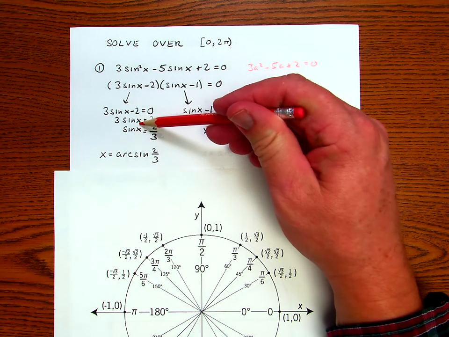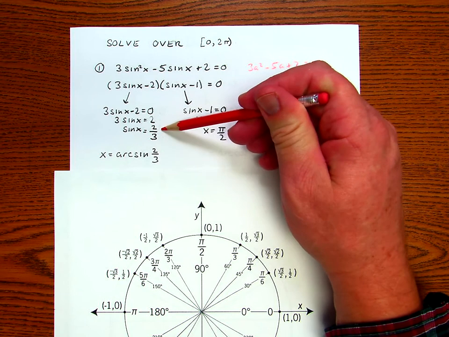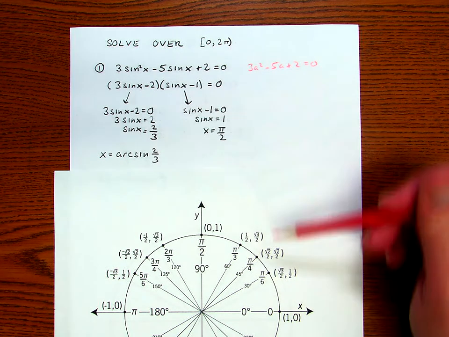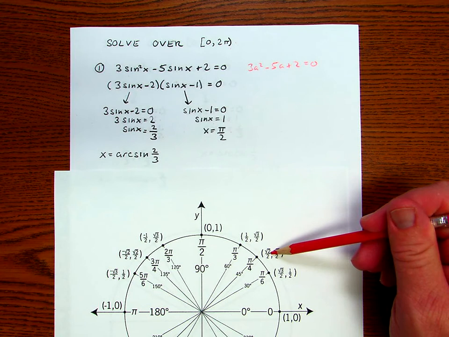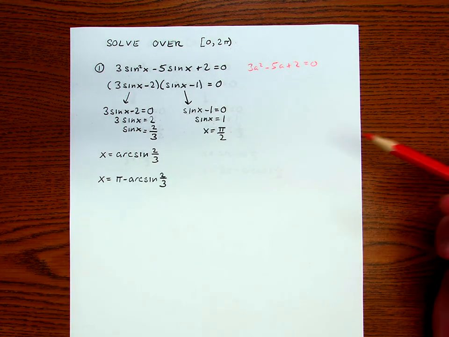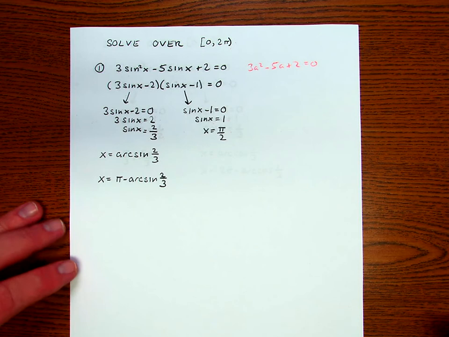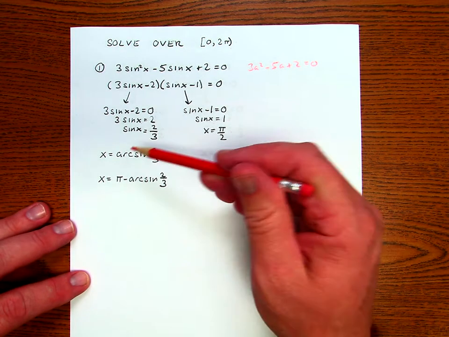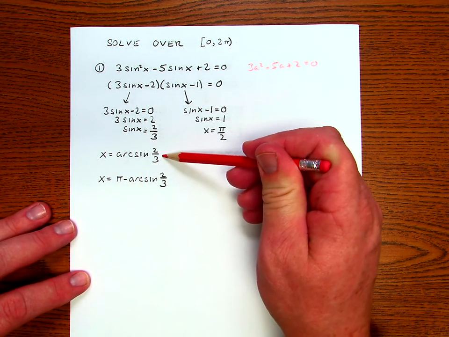If it's a sine or cosine, and this thing is between -1 and +1, it has solutions. We're just not able to get them from the unit circle. So, other than going to a decimal approximation, which we're not going to be doing, this is how we express our final answer. We're going to write one solution as the arc sine of 2/3.